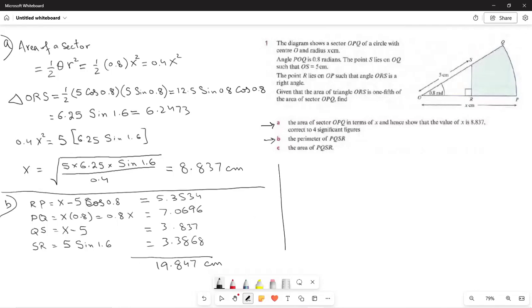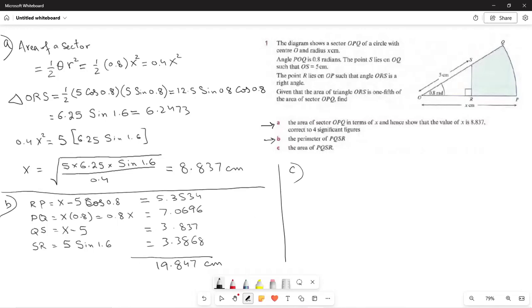And now let's do part C, which is the area of the region PQSR, the shaded region. We can find this by subtracting the area of the triangle from the total area of the sector.